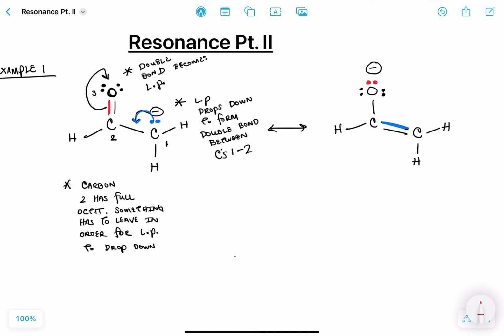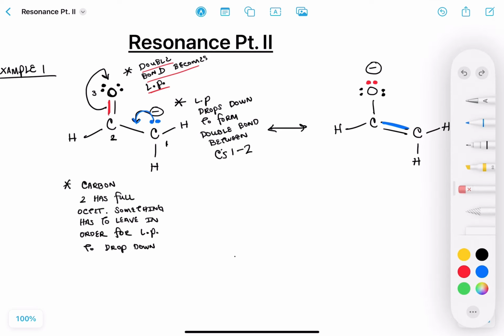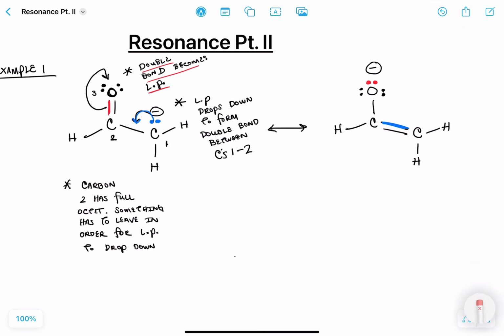Again, to recap, the lone pair drops down to form a double bond between 1 and 2.